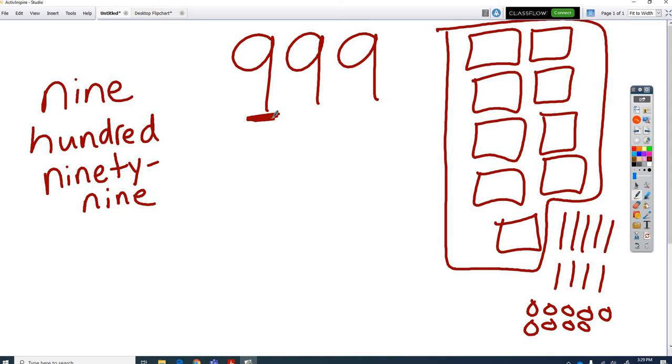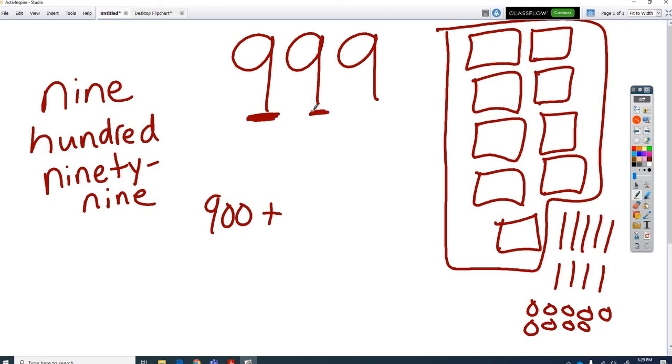Are there really just 9 little bitty blocks in all those blocks? No, remember there's 100 in all of these. So if I have 100 in all of these, how much would 900s be? Yeah, it'd be 900. Because 100, 200, 300, 400, 500, 600, 700, 800, 900.